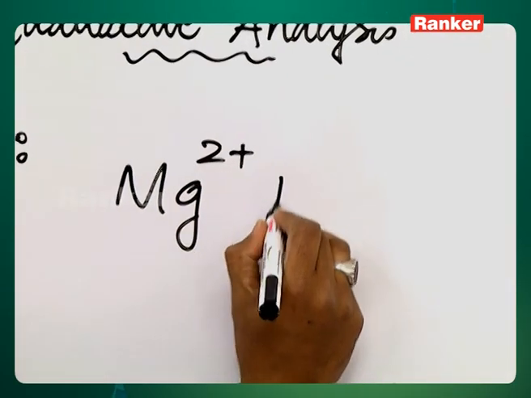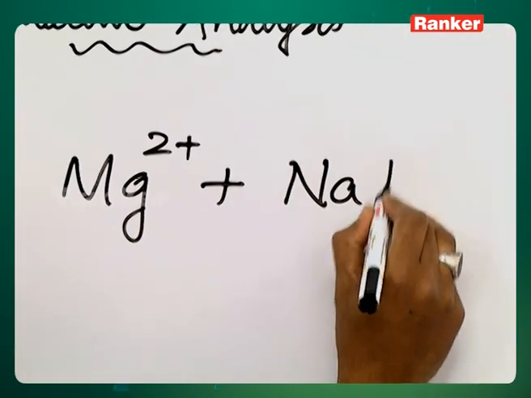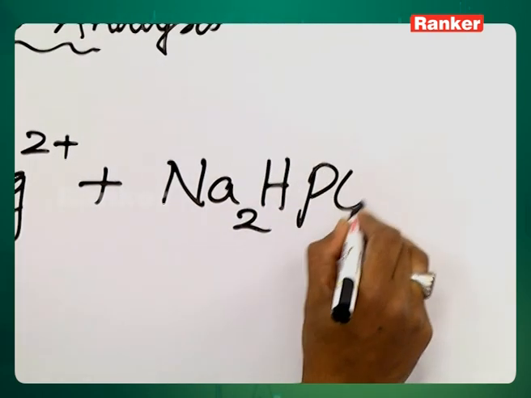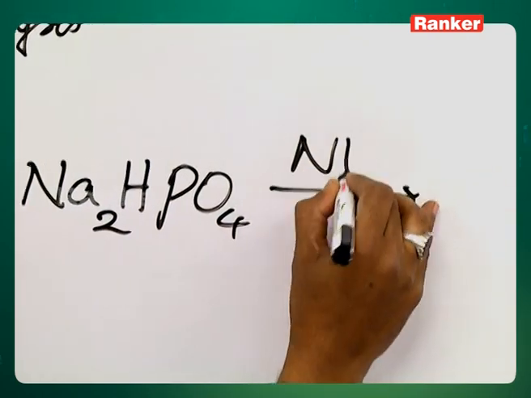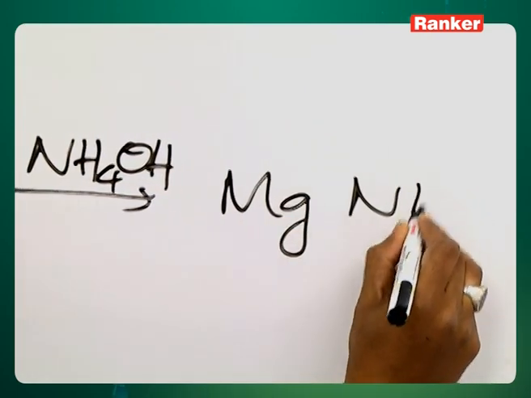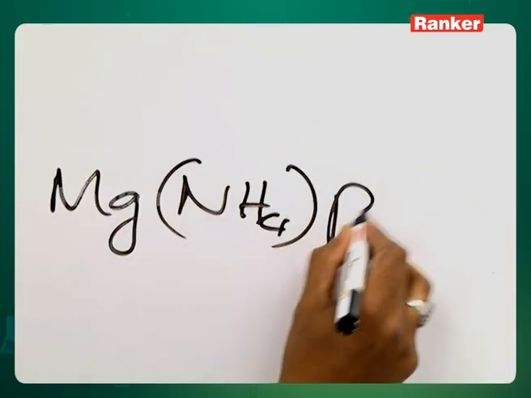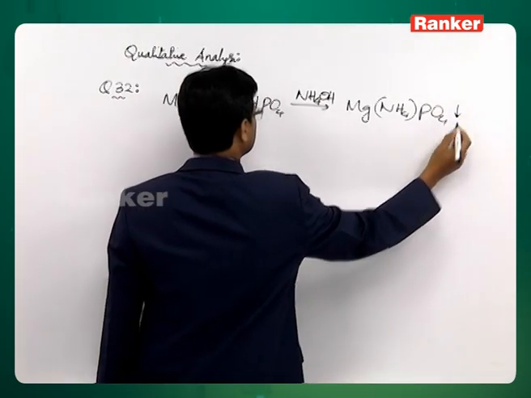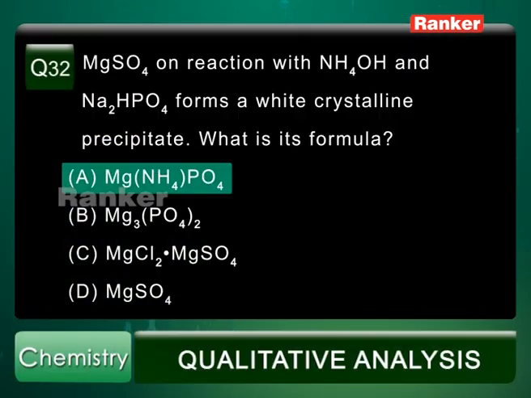Mg2+ with Na2HPO4 in presence of ammonium hydroxide gives magnesium ammonium phosphate. The answer is therefore A option.